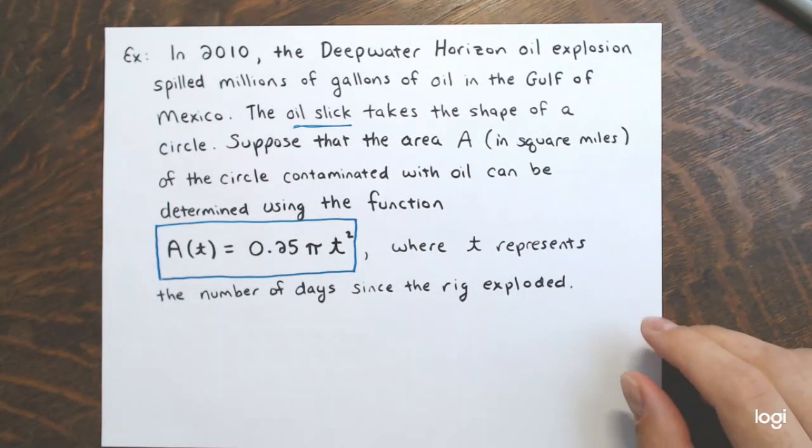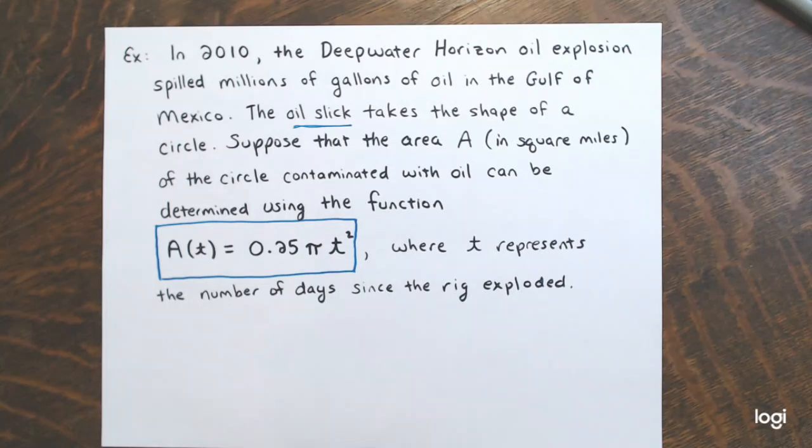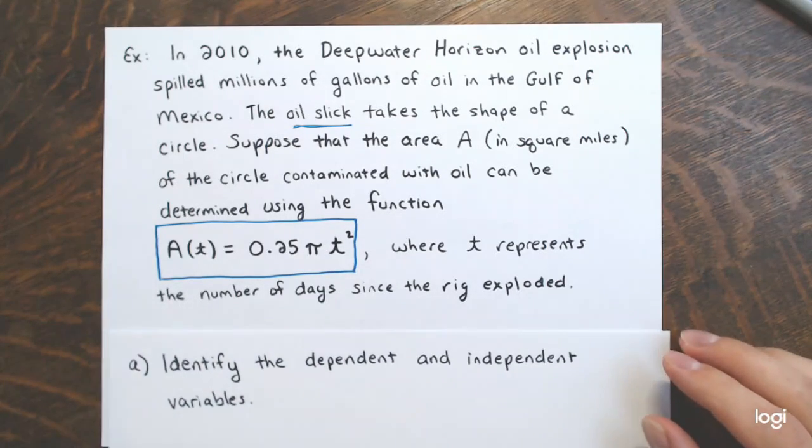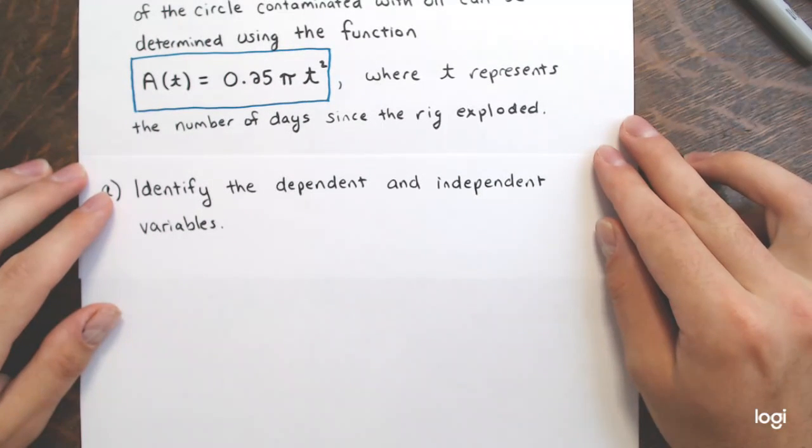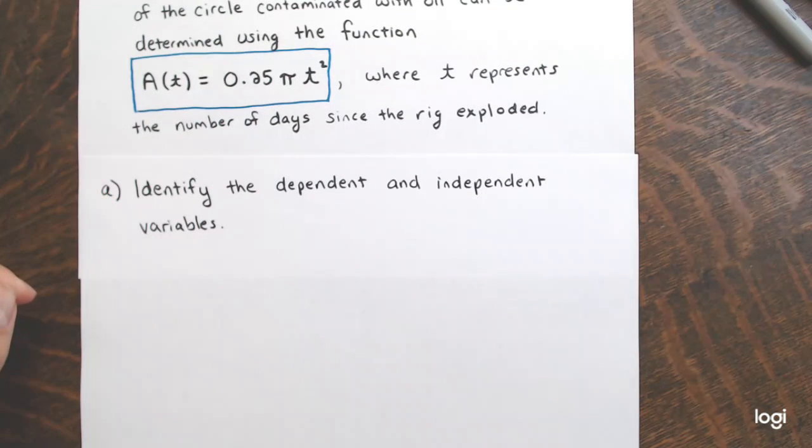First, part A is to identify the dependent and independent variables for this particular problem. In previous videos I've talked about functions; if you've been watching them, fine, and if not, you can go back and look at them.